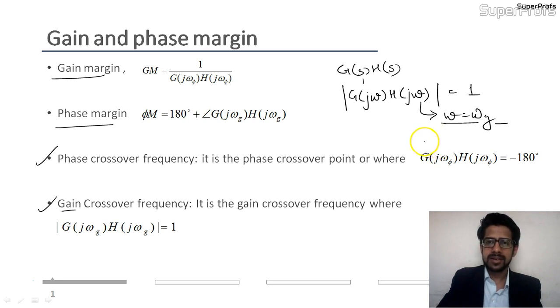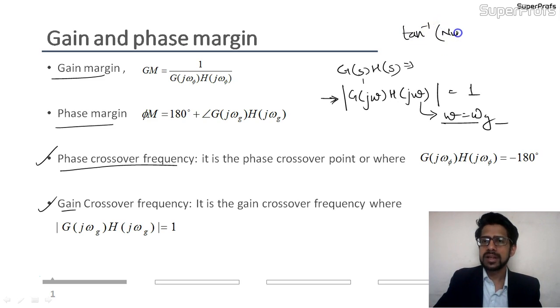Also, what is phase crossover frequency? This is the magnitude calculation. Similarly, you can calculate the angle of g of j omega and h of j omega, let us say tan inverse of numerator minus tan inverse of denominator, and equate it to minus 180 degrees and find out the value of omega.